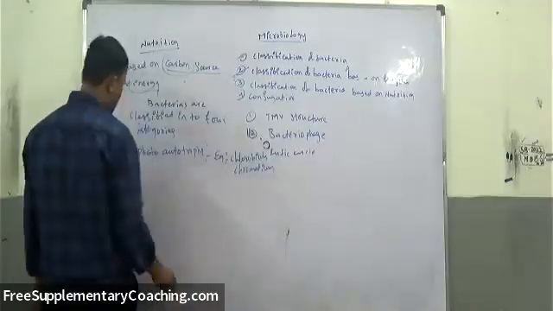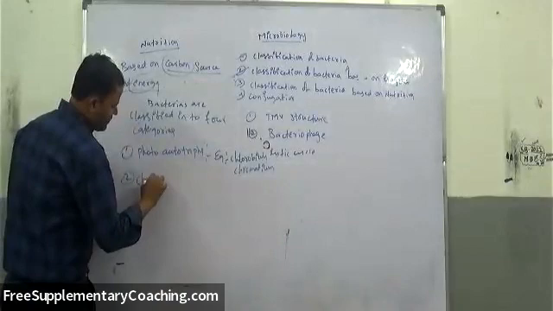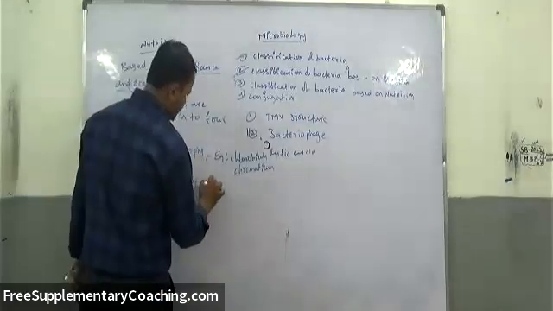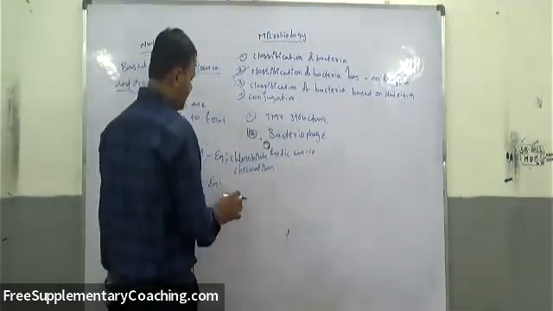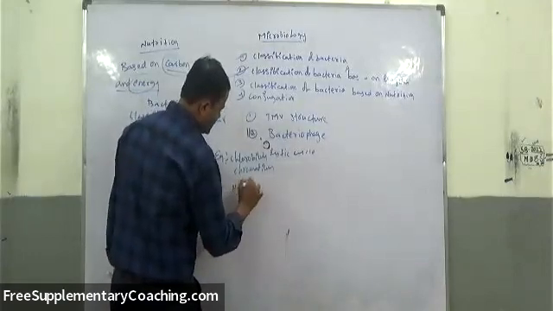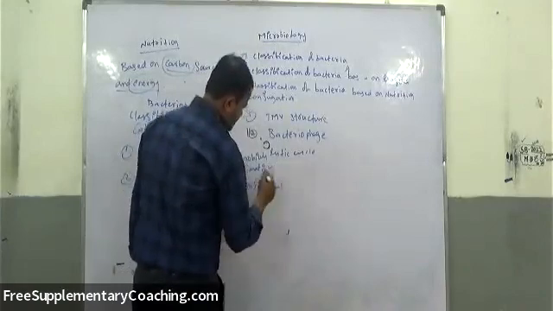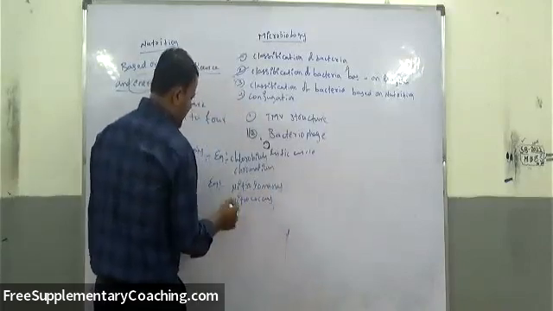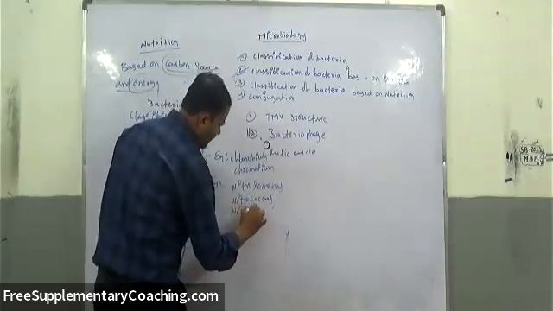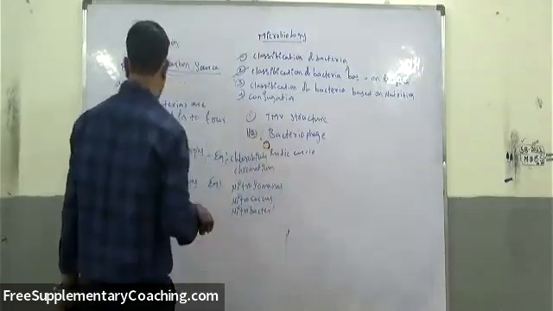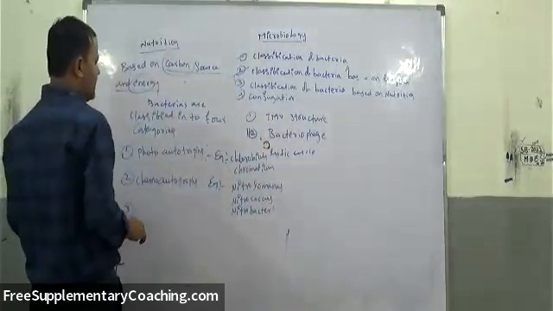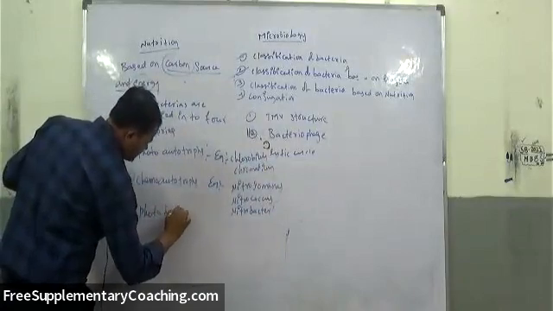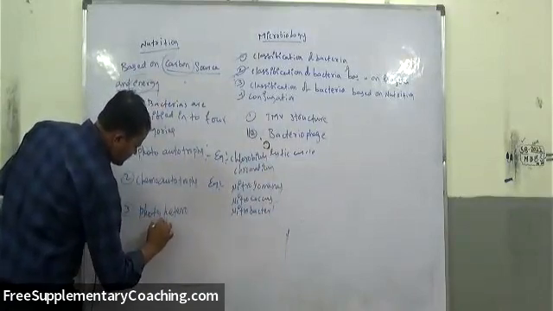Photoautotrophs. Then chemoautotrophs. Examples are Nitrosomonas, Nitrococcus, Nitrobacter, and Beggiatoa also. Then the next one, photoheterotrophs.